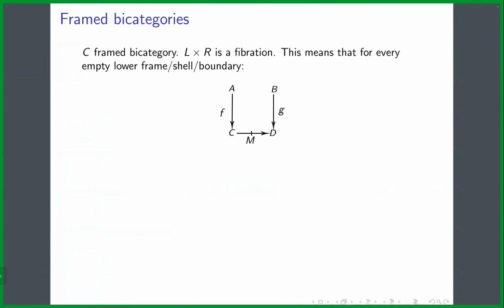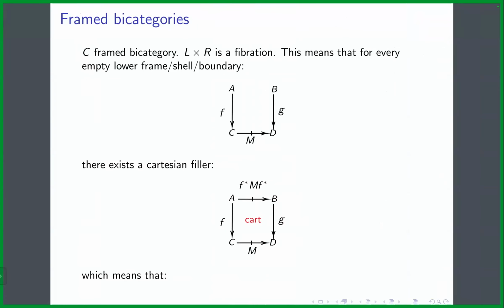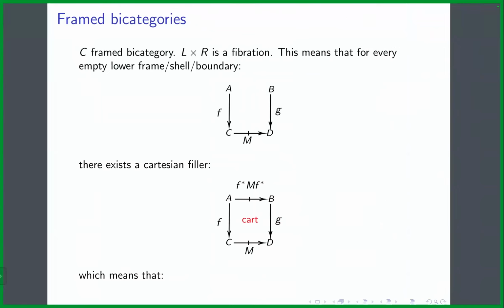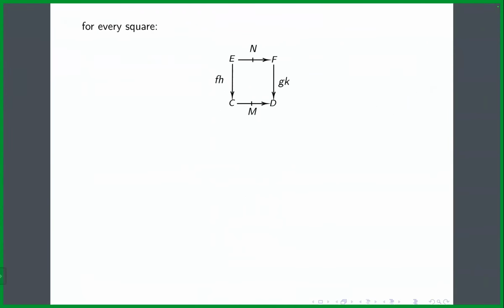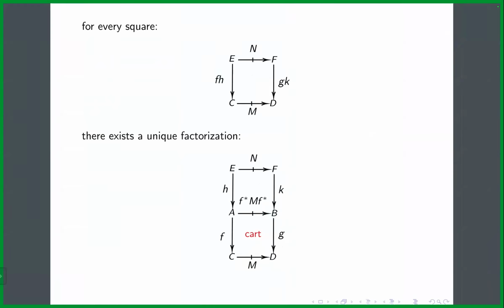Now, what's cool about frame bicategories is the following. If C is a frame bicategory, then again, L times R is a fibration, which means that for every empty lower frame, shell, or boundary that we can form in our double category like this, so if we have objects A, B, C, and D, vertical edges f and g, and a horizontal edge m, then we can fill that into a square that is Cartesian with respect to L times R. This means that if we have a square like this, where the vertical edges are composite, then we can always write that as a composite of a general square on h and k, composed with our Cartesian square on f and g.